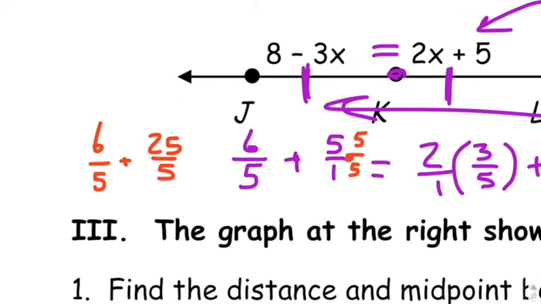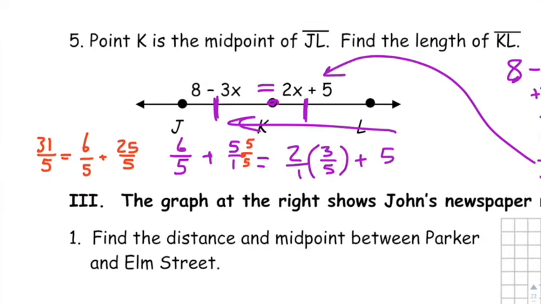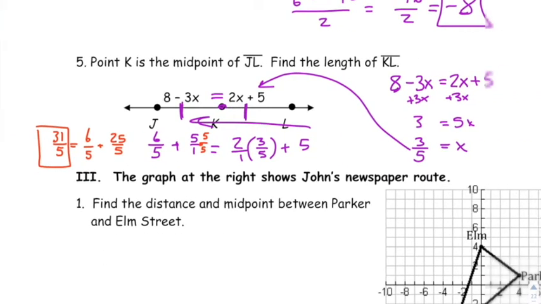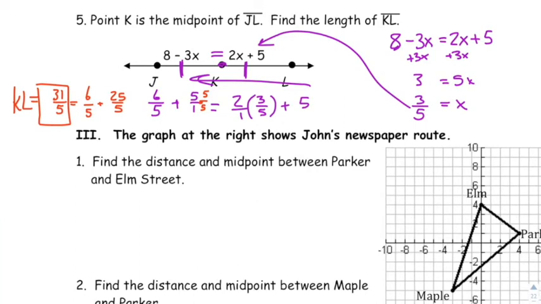And then once you add everything up, that's equal to 31 over 5. And sorry for going from right to left on that one there. Not enough room on that. So that is 31 over 5. That is KL. Okay, you can also change it to a mixed fraction if you would like as well. But most of the time we're going to accept that answer.